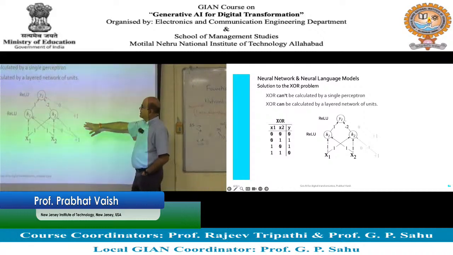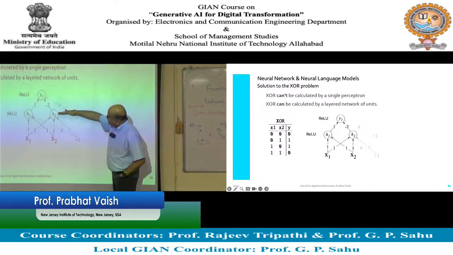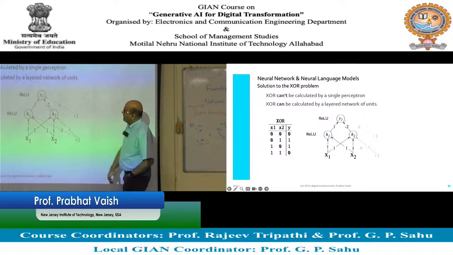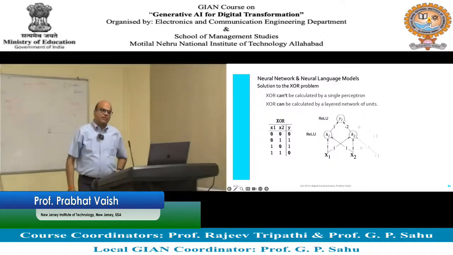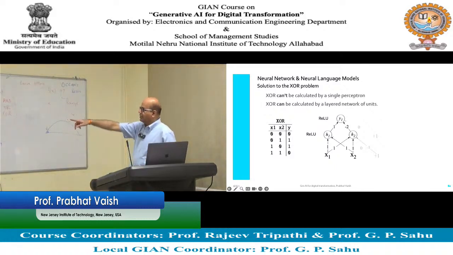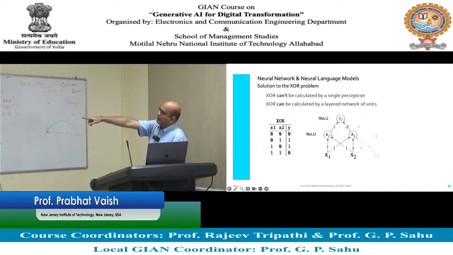It's a linear function. Now if you introduce a hidden layer, that hidden layer can actually let you implement the exclusive OR function. What you notice here is that these are weights. The x1 and x2 have weights of 1 and 1, and there is a hidden unit which has biases of 0 and -1, and then there's an output unit which has a bias of +1.